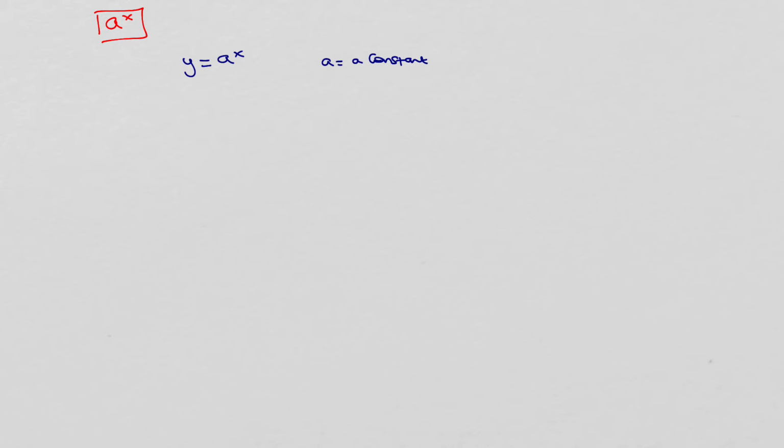So if I take natural log of both sides, that's going to allow me to bring down my power of x from our log rules. Now if I differentiate the left-hand side with respect to x, I'm going to get 1 over y times dy dx.